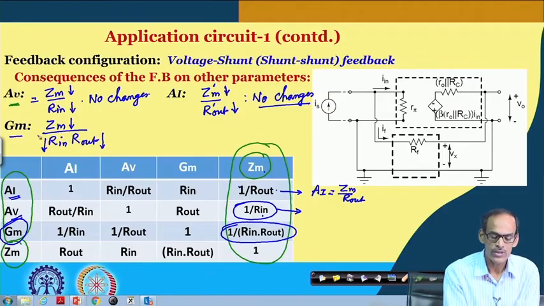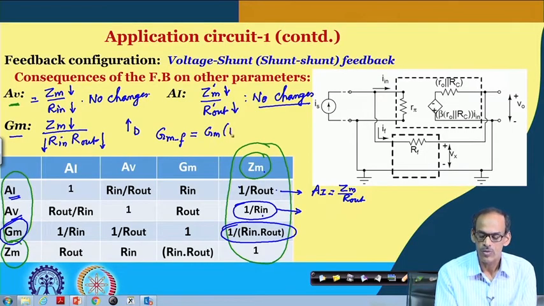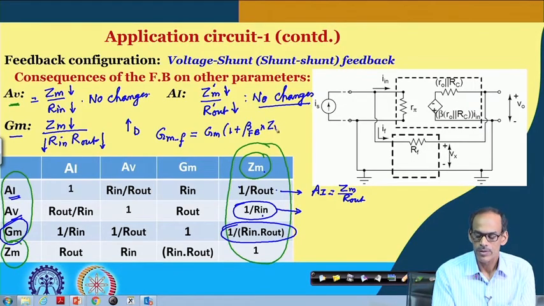So we are expecting that this whole entity is getting increased by the desensitization factor D, which means that Gmf is getting increased by 1 plus beta Fb multiplied by Zm dashed.